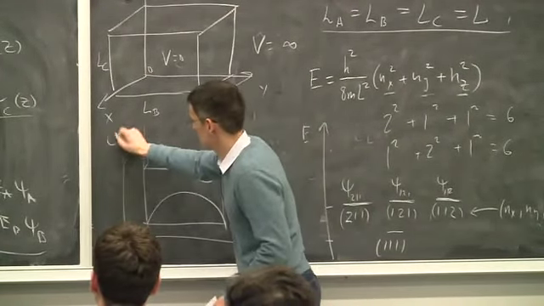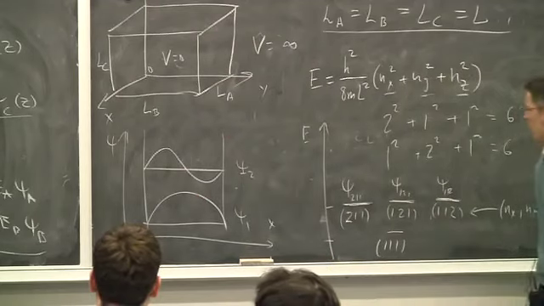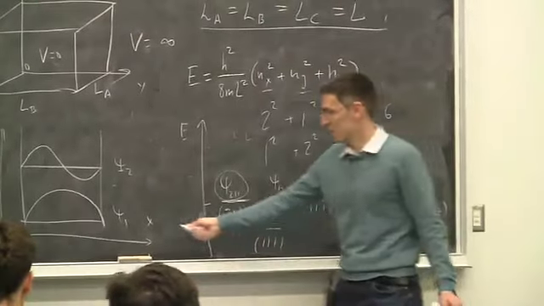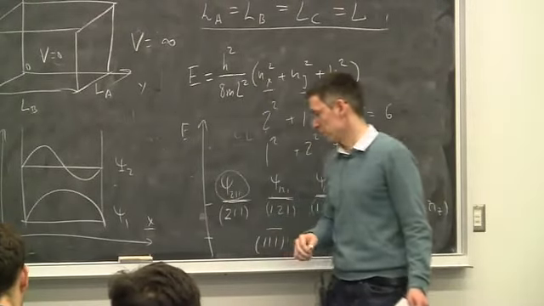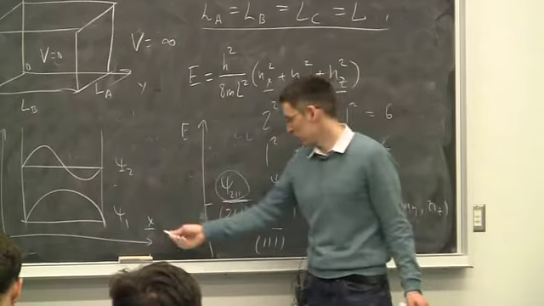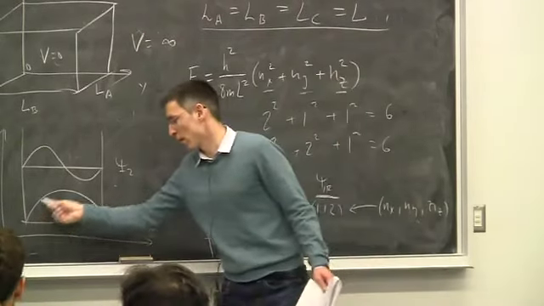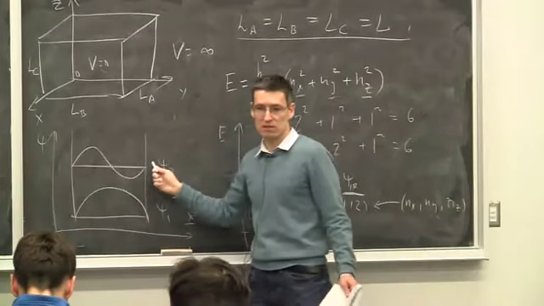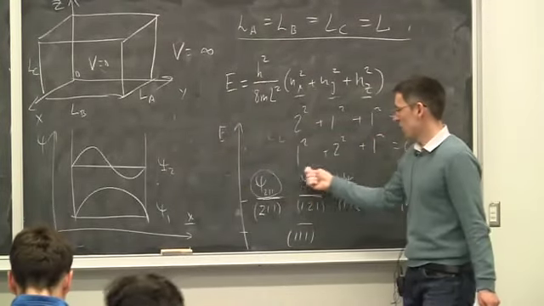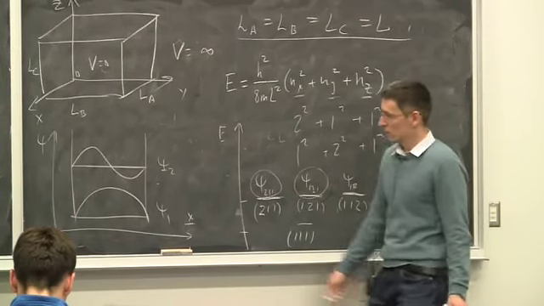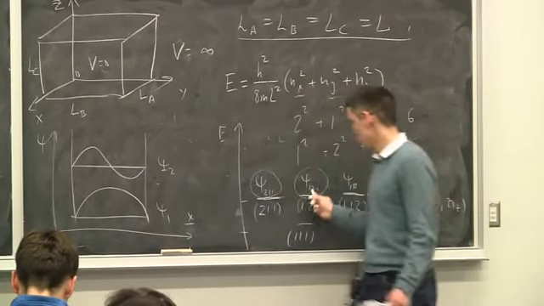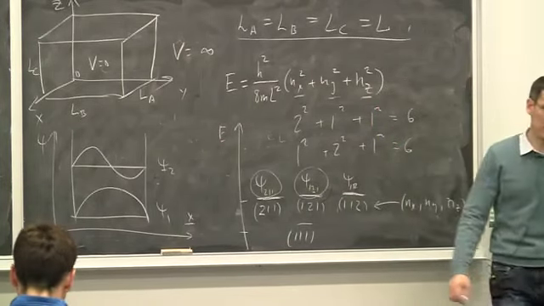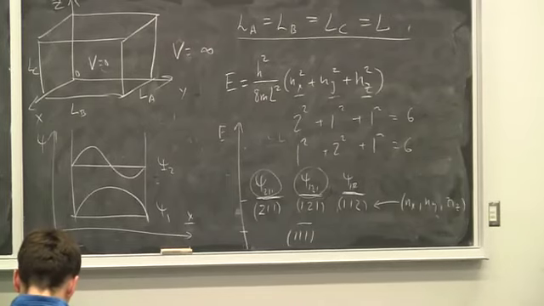Now, this function has a node in the x direction because it has 2 quanta in the x direction, and it has no nodes in y and z. While this function has a node in the y direction and no nodes in x and z. And this function has a node in the z direction and no nodes in x and y.